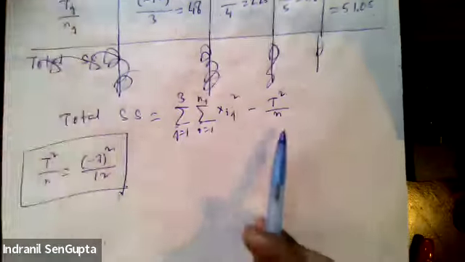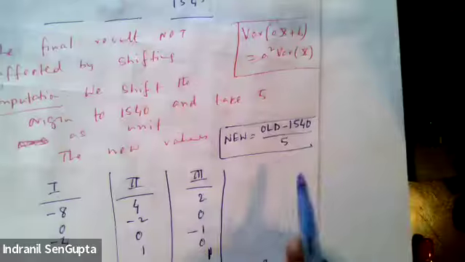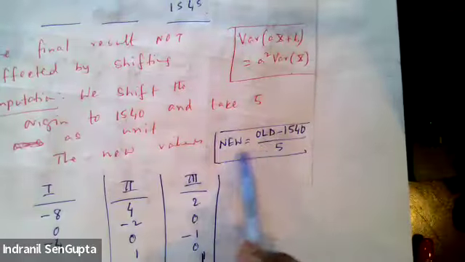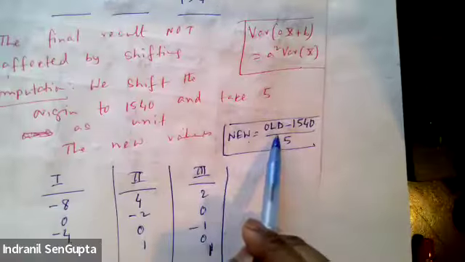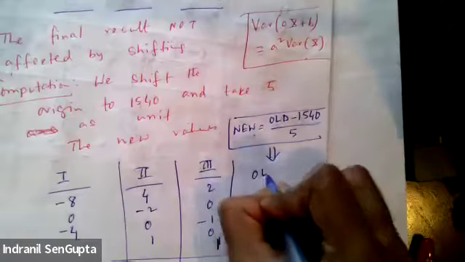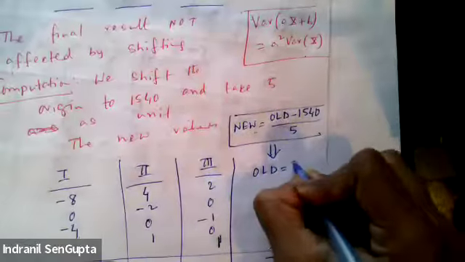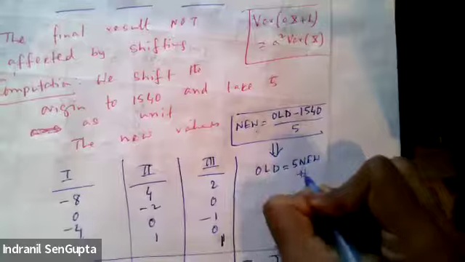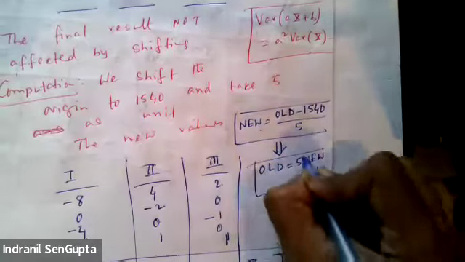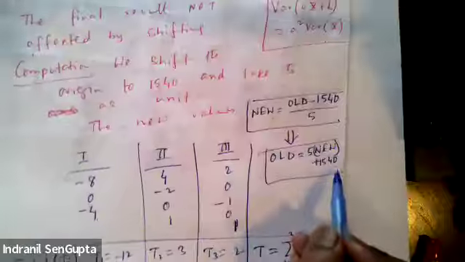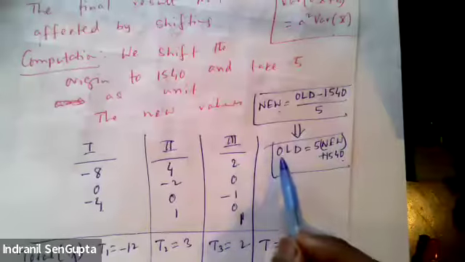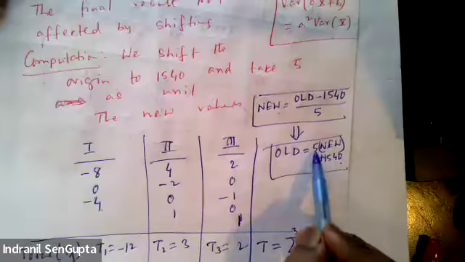Now we have to be a little careful here because we had done a shifting of the values. Whenever we shift, as I mentioned, my new values are something like this. If I want to go back to the old ones, the old ones are 5 times new plus 1540. So old variables are 5 times new plus 1540. Now this 1540 does not affect any computation for the variance, but this 5 does.